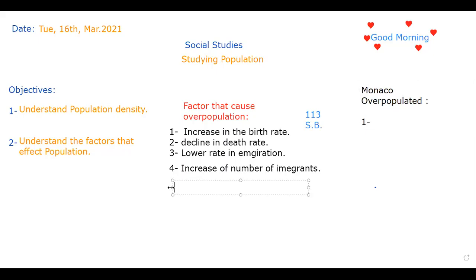And then number 5, sustainable natural resources. Also, one of the reasons that people don't like to leave the area is sustainable natural resources, which means that even if the whole world doesn't have electricity or oil, their country will not be affected.